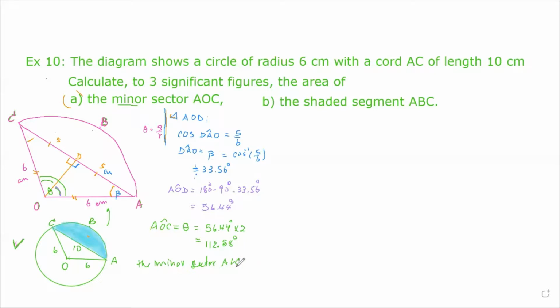The formula is 1/2 r squared theta, correct? So we have 1/2 times r, which we know is equal to 6, squared, times theta. And don't forget this theta, we have to convert to radians for this formula. So we have 112.88 degrees, converted to radians, times pi over 180.